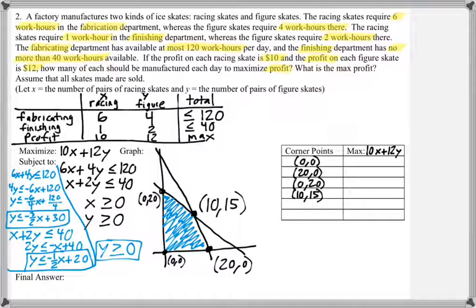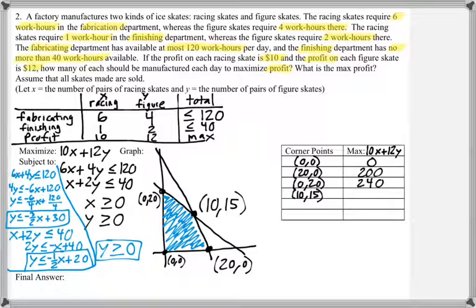So if we plug (0, 0) in, we get 0. If I plug (20, 0) in, I get 200. If we plug (0, 20) in, we get 240.